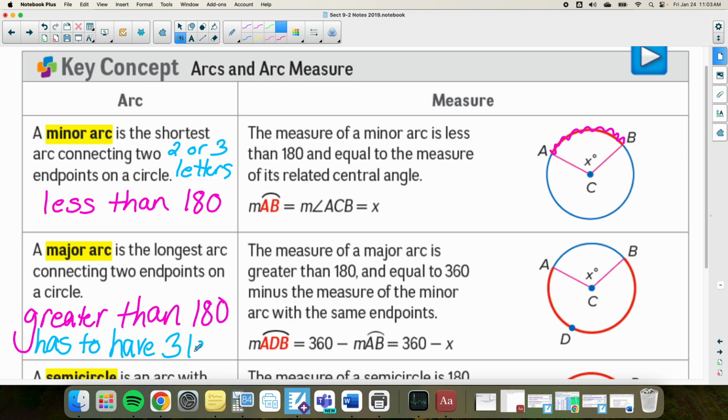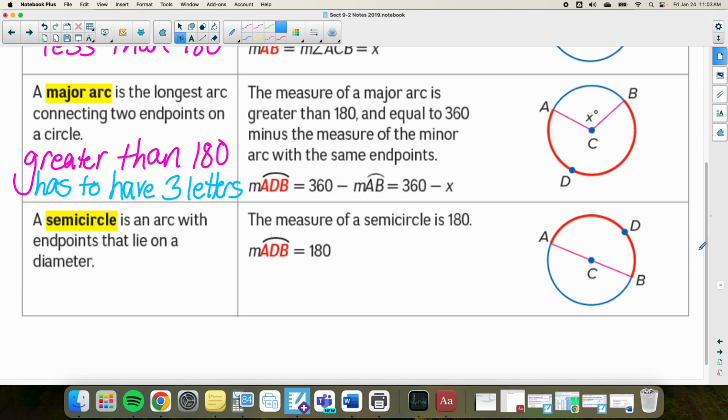So one way that helps us, we're going to have to say today whether something is minor or major. If anything has 2 letters for the name of the arc, it's automatically minor. If it has 3 letters, we're not sure, because it could be a minor arc, it could be a major arc, and a semicircle, I think you guys know, equals 180 and has to have 3 letters.